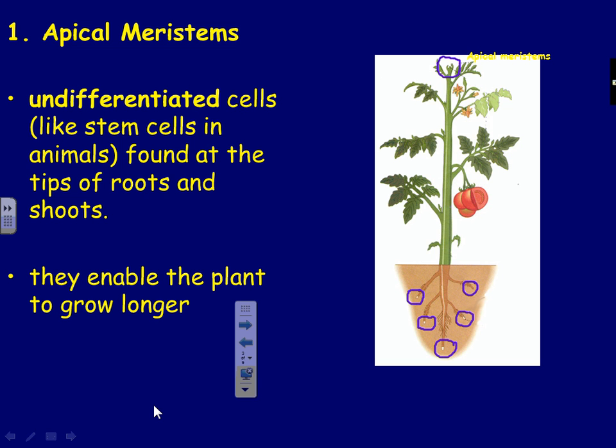There are, I think, two types of meristems. Apical, as in the apex, the tip, the top. Now this takes place at the shoots at the top and at the roots underneath.